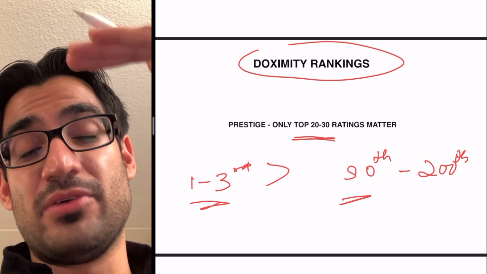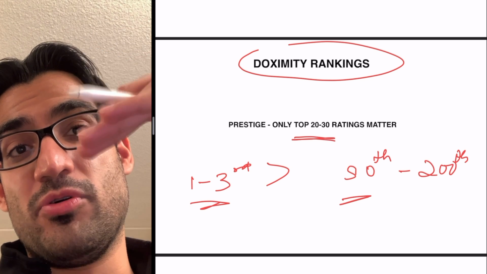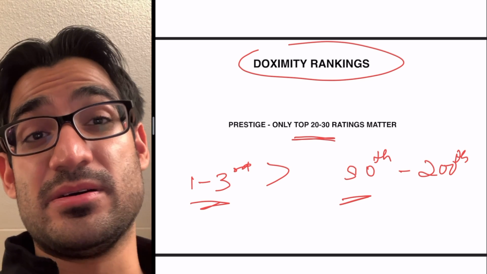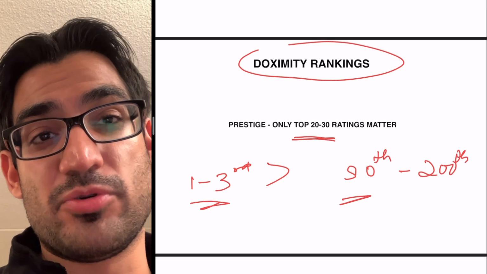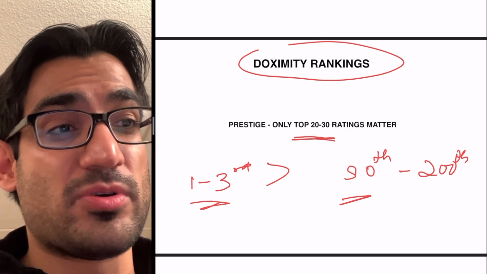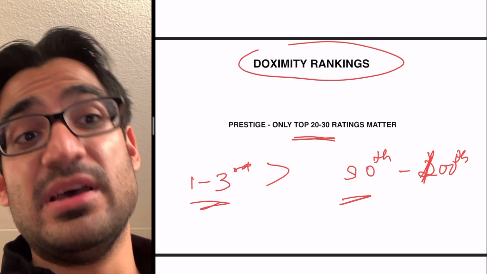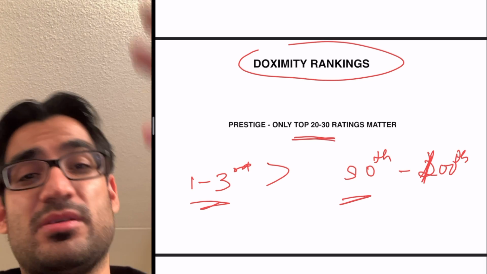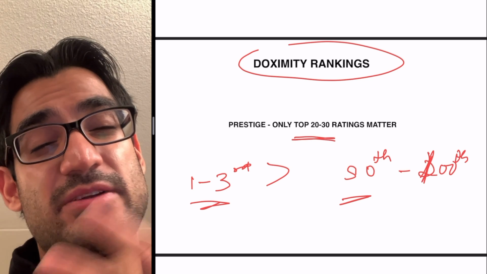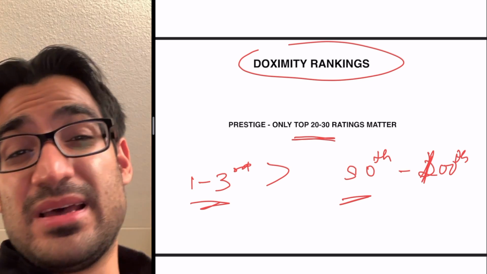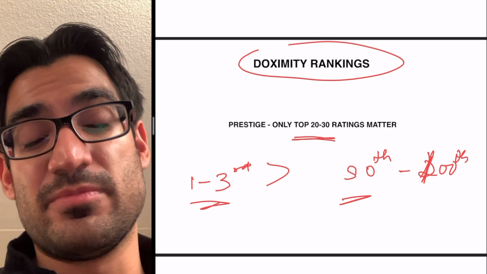As you go down the list, the law of diminishing returns basically applies to the ratings. Not much difference between a program that's 50th and a program that's, let's say, 100th on the list. So when I'm thinking about Doximity, I'm thinking about the top 20 to 30 programs, just to get to know the prestigious programs, and for the rest, there's not much difference.